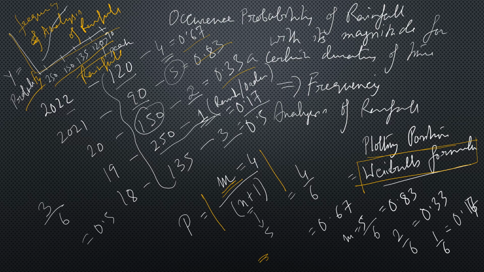So that was the formula for calculating the probability of that event happening again for a certain number of times.